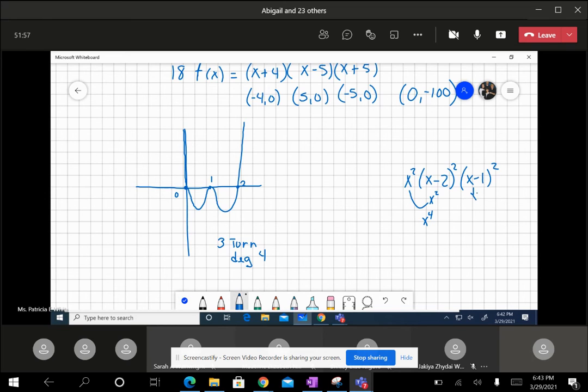And then I'm going to have another x squared out of here, and that's going to give me an x to the 6th power. So D I can knock out, because I know 3 turning points means a degree of 4.